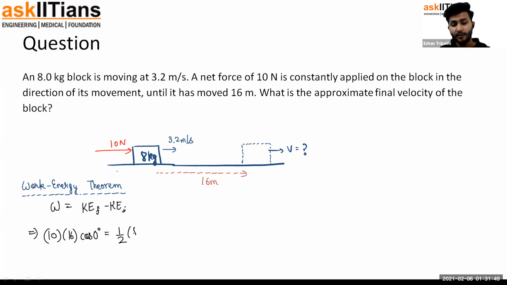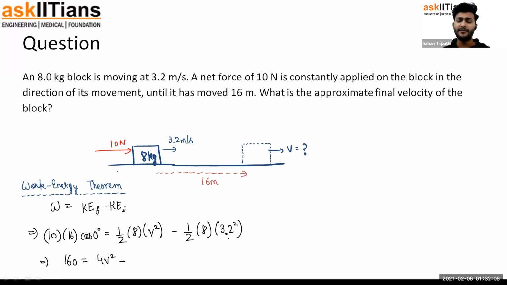That is final kinetic energy minus initial kinetic energy. That's half into mass into final velocity square, which we are supposed to find, minus half into mass into initial velocity square, which is 3.2 square. So on the left side, we have 160. Here we have 4v square.